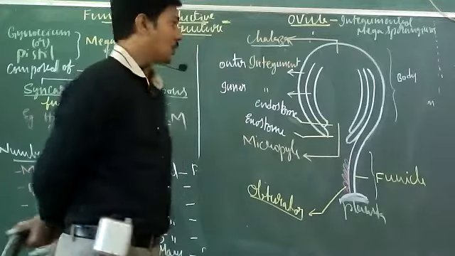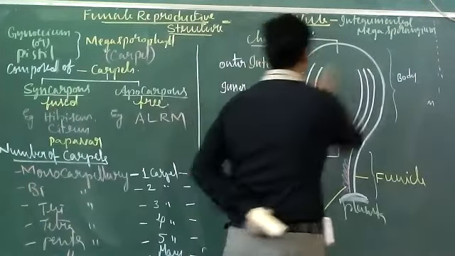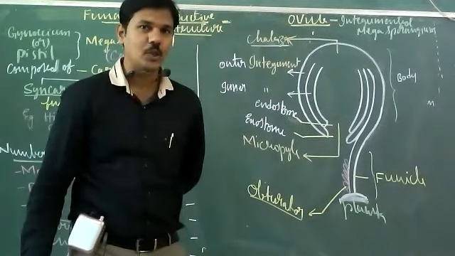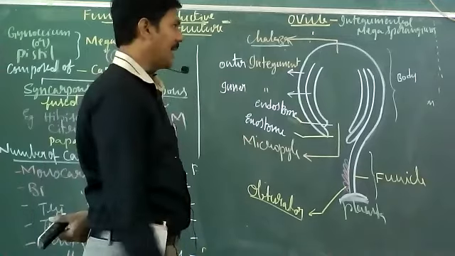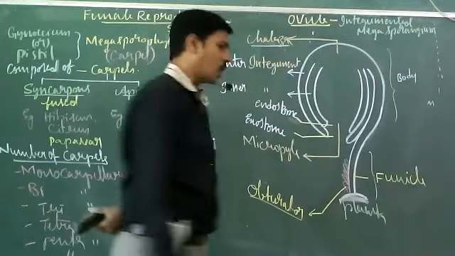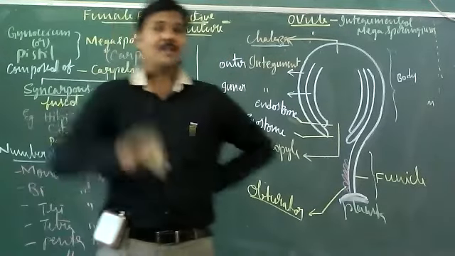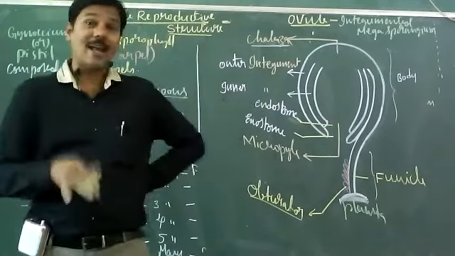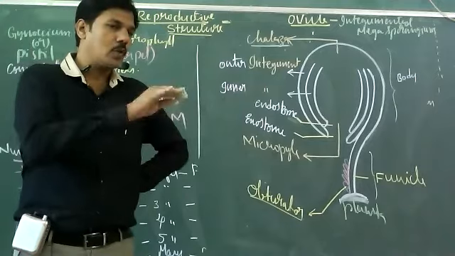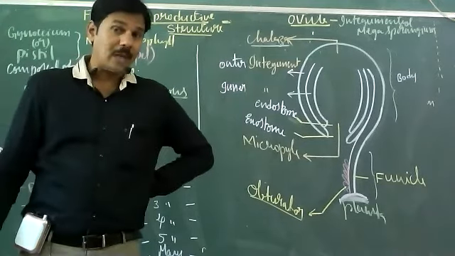Exactly. Inside the ovule, there is a diploid tissue. That diploid tissue is called nucellus. That nucellus is called megasporangium. But in your textbook as well as in the examinations, they ask simply ovule as megasporangium.